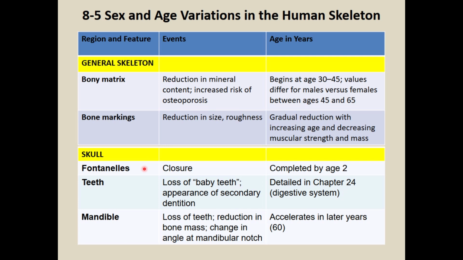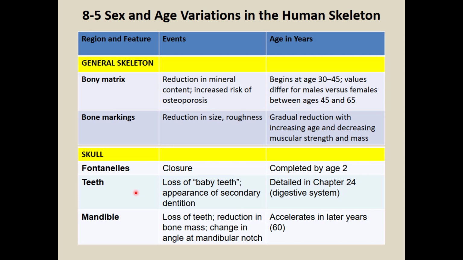Fontanelles, the openings in the skull, usually close by age 2, and the importance of the fontanelle, if you remember, is to allow development of the brain. Teeth usually start growing by age 6 months. Those are the primary teeth. Most of them will fall by age 6, and then you develop secondary teeth, and by age 12 you should have most of your secondary teeth.